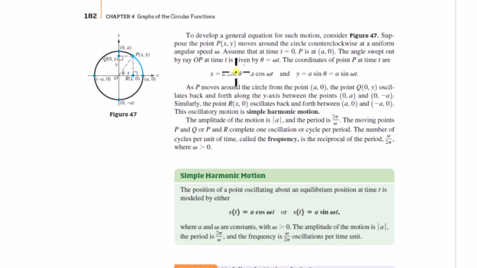So we know that any sinusoid is going to be intimately associated with a circle. Your position on a sinusoid, you can track with a corresponding position on a circle, right?